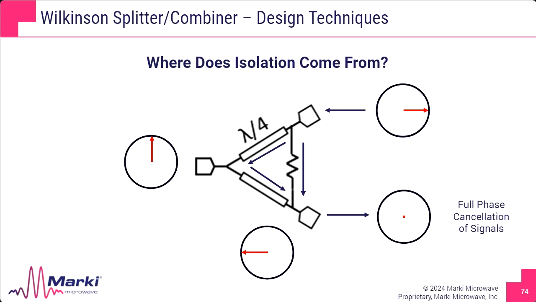Fortunately, there are ways around this to achieve broadband isolation performance, and this is typically done with a multi-section design approach. So what this means is in a multi-section Wilkinson power divider, we use the same core ideas that we just discussed.